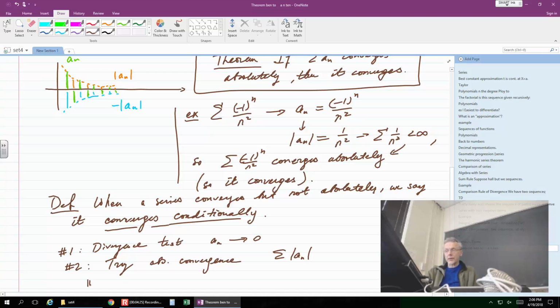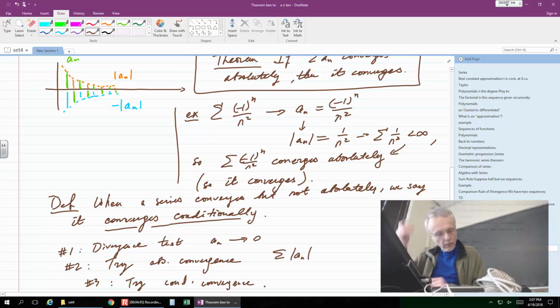Only number three, if you pass the first step but did not pass the second, in other words, it does not converge absolutely, then you proceed to the next step and try conditional convergence. That's roughly how we do things.